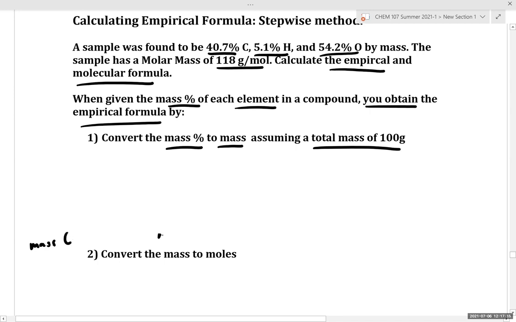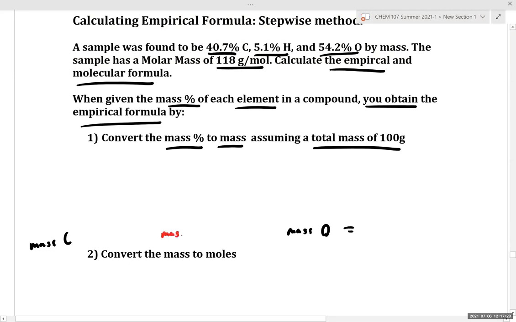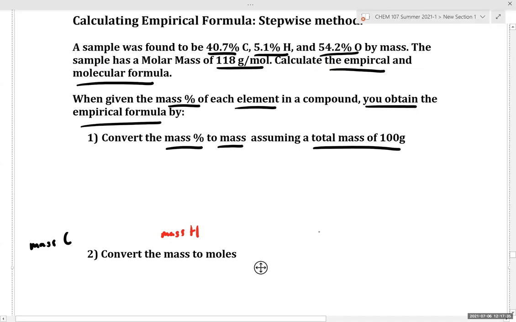So let's take about 2 to 3 minutes, and I'd like us to try and calculate the mass of carbon, hydrogen, and oxygen in this sample, given the mass percentages.